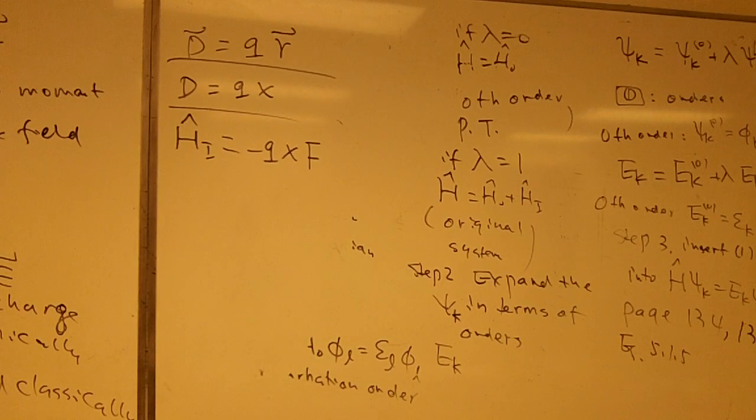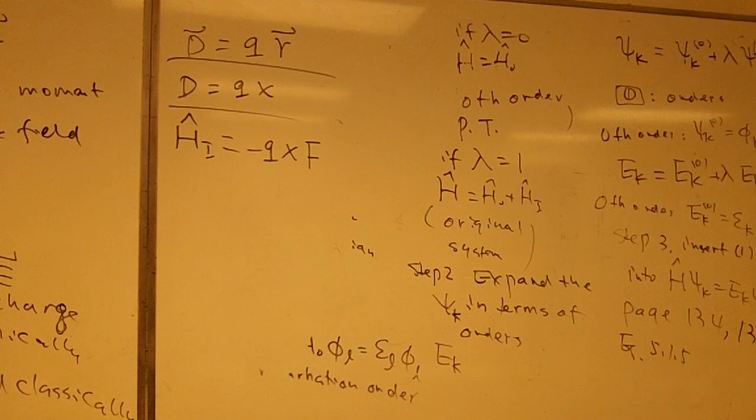Since ⟨k|x̂|k−1⟩ equals the square root of ħ over 2mω times root k, and ⟨k|x̂|k+1⟩ equals root ħ over 2mω times root k+1, E_k to the second order equals negative (qF_x) squared all over 2mω squared.